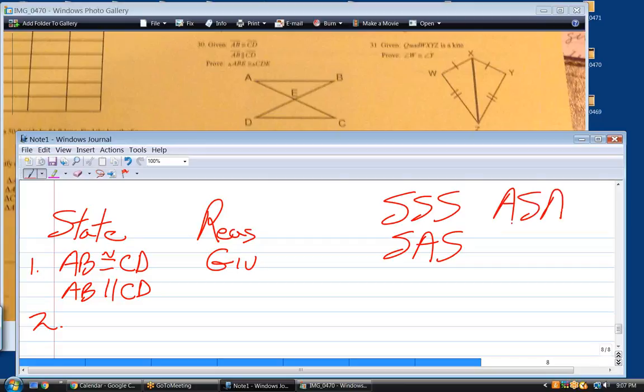There's angle, side, angle, and there's angle, angle, side. So that's kind of a good way to think about it, is whichever one we use to prove these are congruent, it's got to be based on one of these 4. There's another one involving right triangles, which is HL, but let's not worry about that. That means a hypotenuse and 1 leg. These are the 4 that we are looking for.